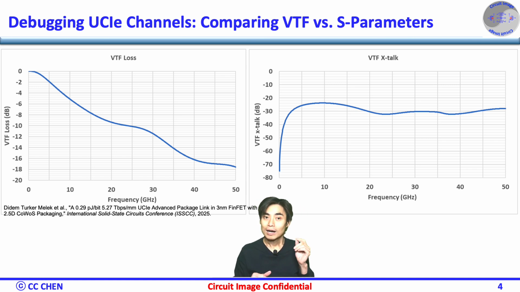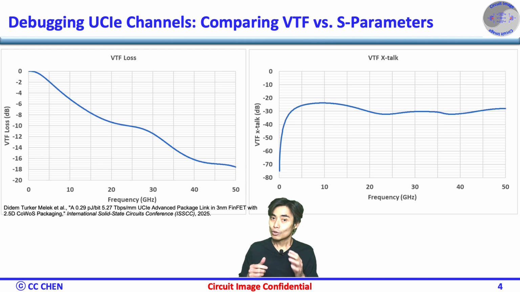Research from ISSCC 2025 demonstrates that without VTF-based debugging, certain die-to-die channels fail high-speed compliance tests due to underestimated loss and crosstalk issues.